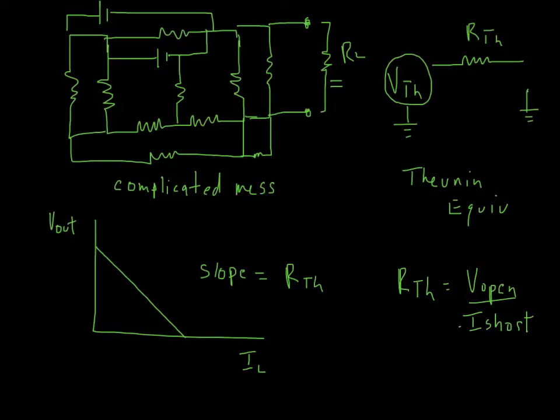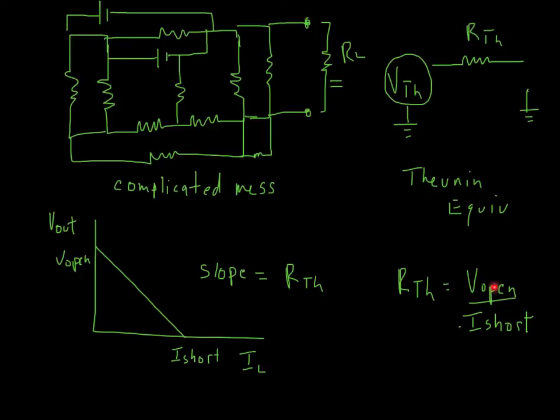That's the slope. So R Thevenin is positive, but the slope of the line is V open over I short. This one down here, this was I short. So you can get the slope from 2 points by measuring the open voltage, this would be the open up here, and the short. So if you shorted it and measured the current through it, you could get I short. And then if you measured open, you get V open, and then you get R Thevenin.